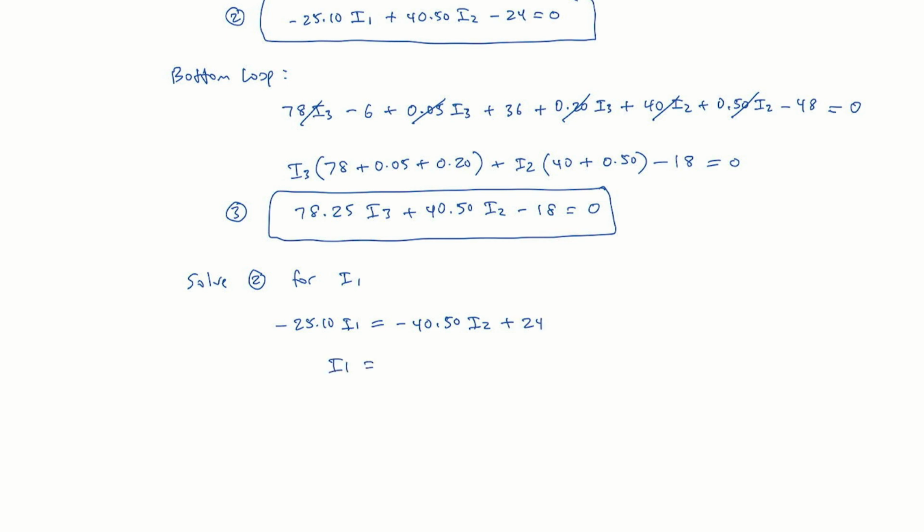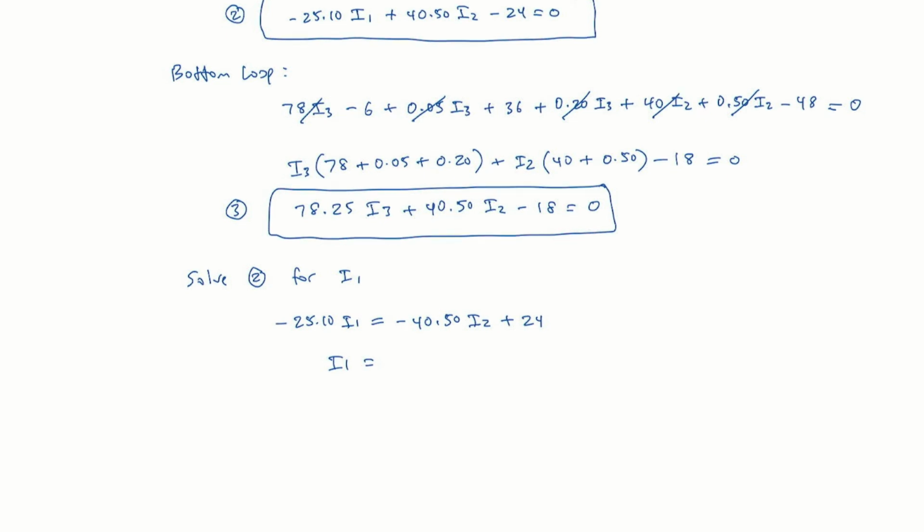So I1, we're dividing by the minus sign, so let's just flip the sign. So we're going to have 40.50 over 25.10, because a negative number divided by a negative number makes it positive. That's times I2. But now we've got a positive divided by a negative, so we have to subtract. So we've got 24 divided by 25.10. And I'm just going to leave the numbers like that, and I'll deal with them at the end.